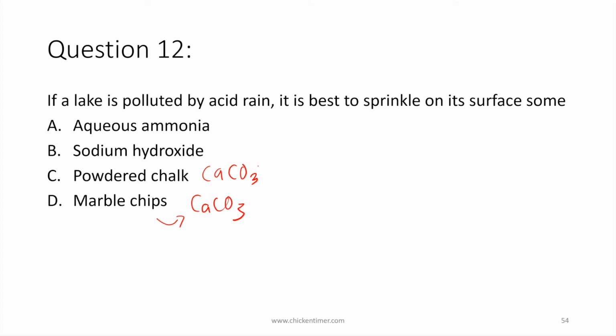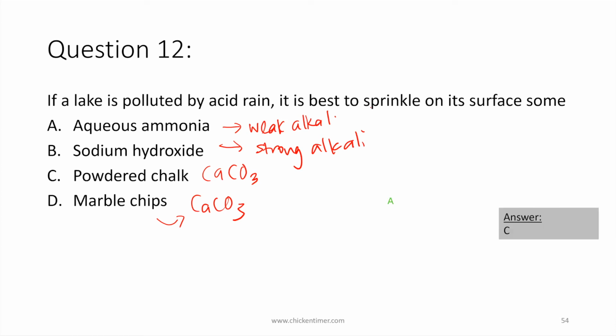Then A, aqueous ammonia, so you have four options there. Okay, what happens in A and B?